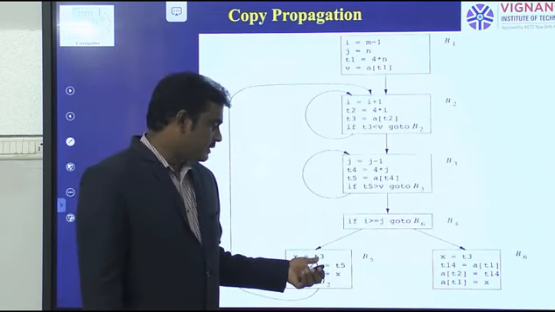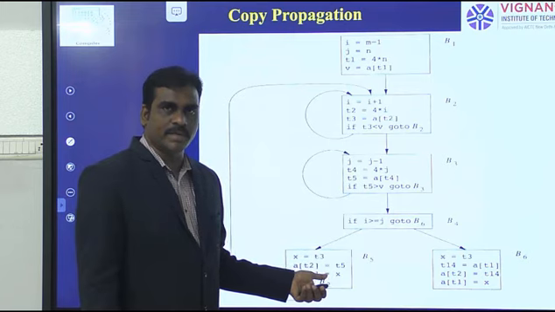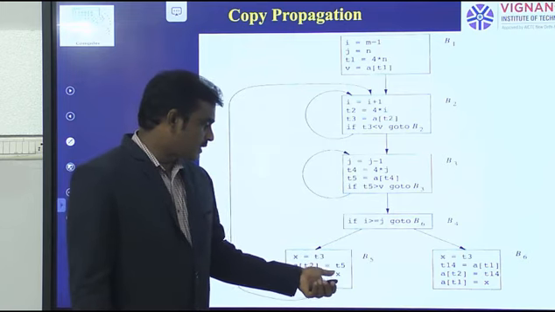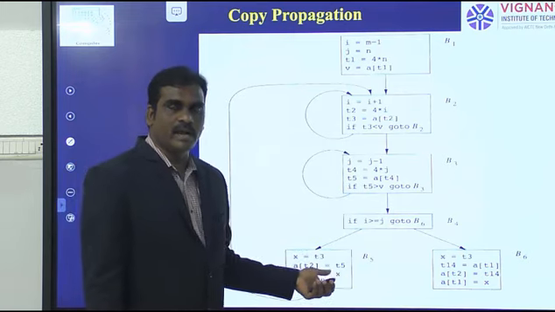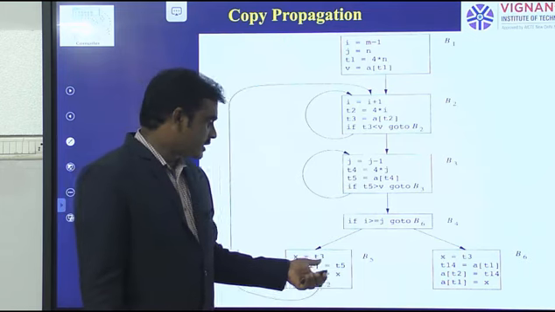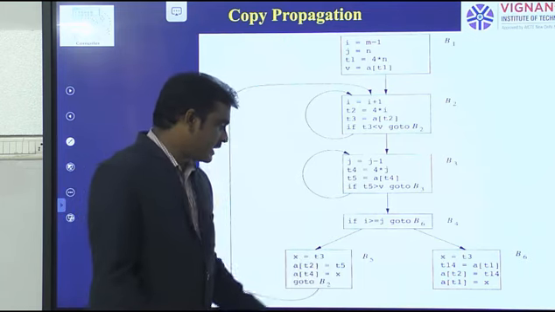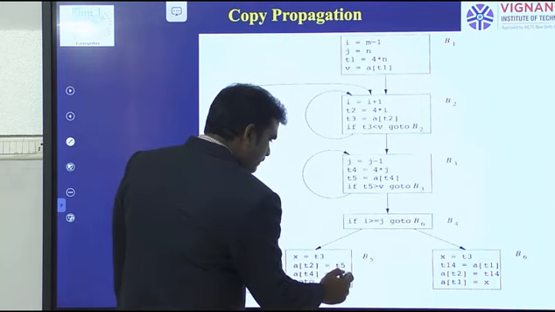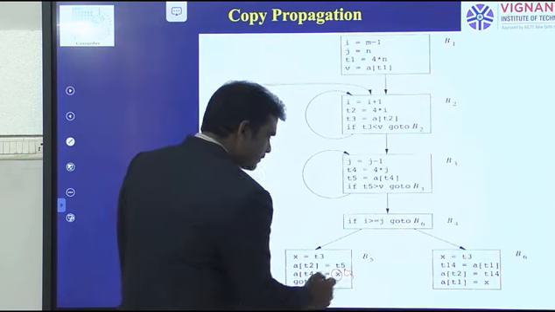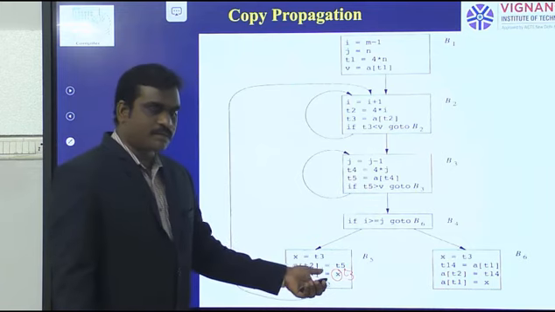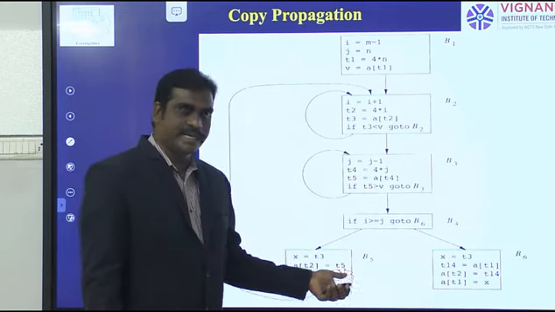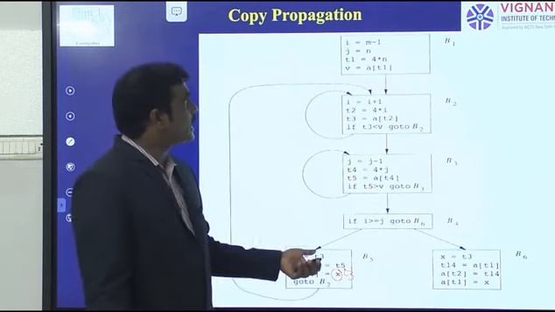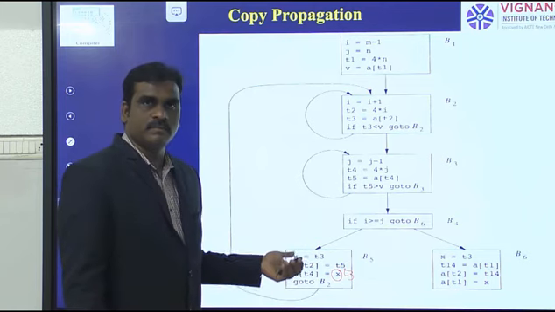See, if you observe the first statement and the third statement, what is the purpose of X here? I already mentioned that instead of X, you can put T3 directly. So this is about copy propagation.